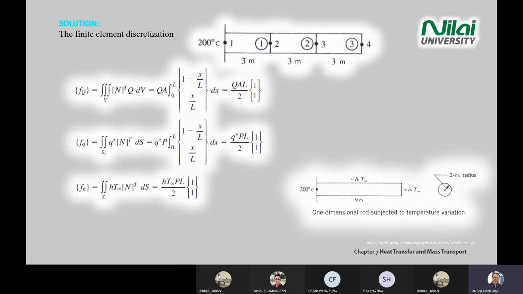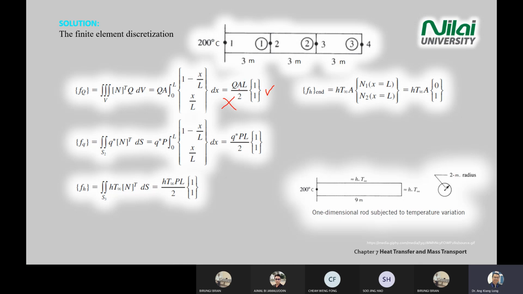And then this equation, these 4 equations are to find the forces. Again, if the question has a heating element, then you need to calculate the first one. However, this one you do not have a heating element, so you don't have to calculate the first one.